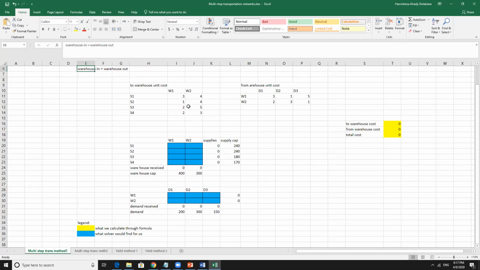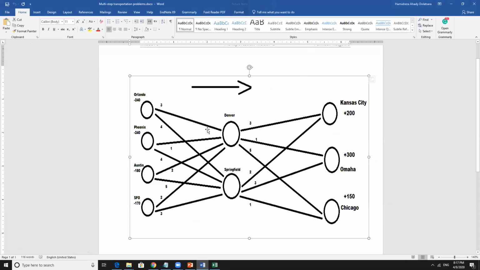So you see these two tables, two warehouse costs. This actually comes from this figure. From Orlando to the Denver warehouse, you should pay 3. From Orlando to the Springfield warehouse, you should pay 4. And same for the others.